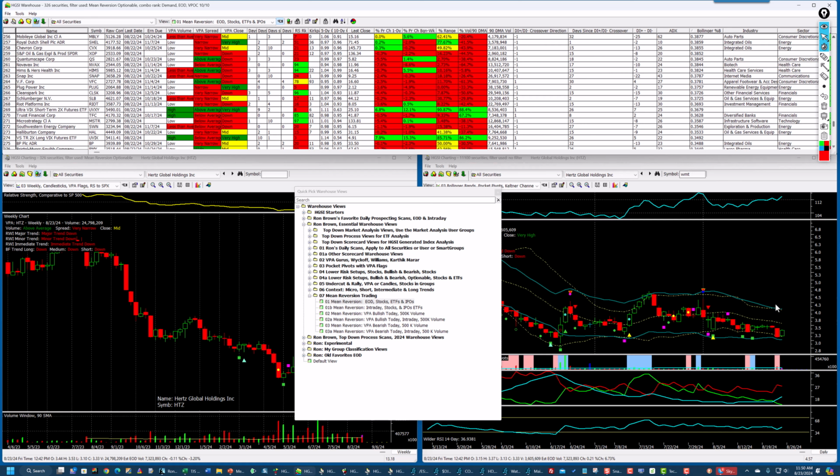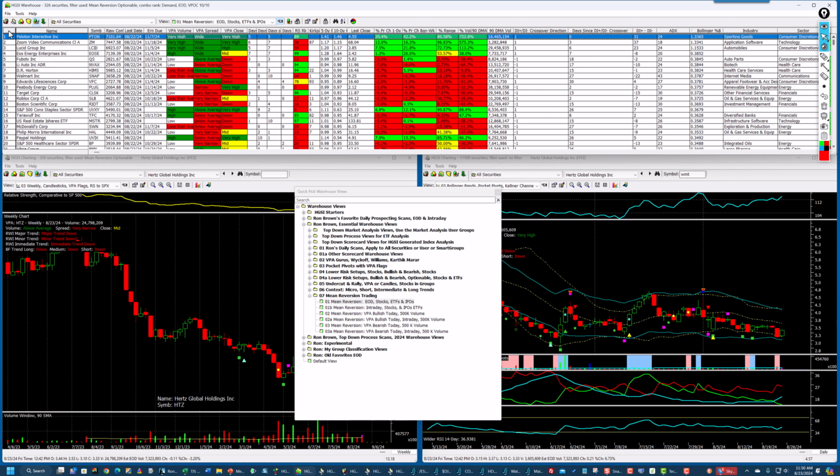Now the other blue lines, this is the Keltner channels, and the Keltner channels are based upon the average true range, whereas the Bollinger Bands are based upon volatility, 2 standard deviations over a 20-day period. So it's a volatility indicator.